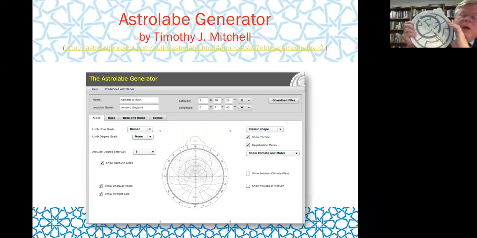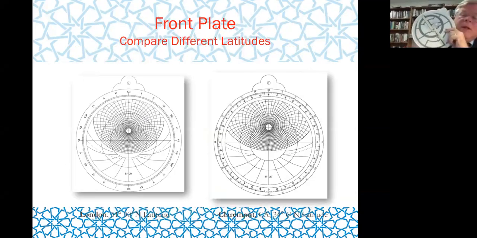If you change your latitude, you have to have a different plate because it can vary. On the left we have the plate for London, which is about 51 degrees north latitude. And on the right, we have the plate for where I live in Claremont, California, which is about 34 degrees north latitude. And you can see the difference in the curves.